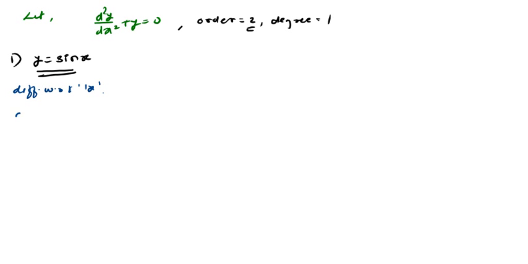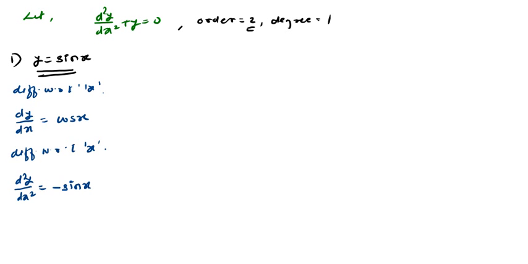Then see what will happen. This will be dy by dx is equal to cos x. Again differentiate with respect to x. So what will happen? This will be d2y by dx square is equal to minus sin x, because the derivative of cos x is minus sin x.